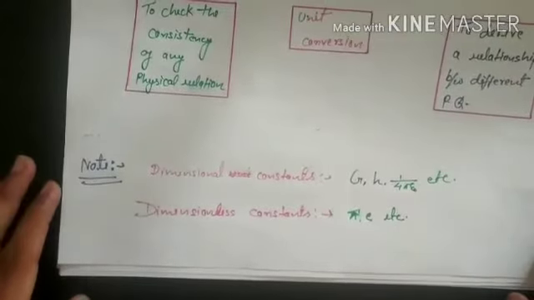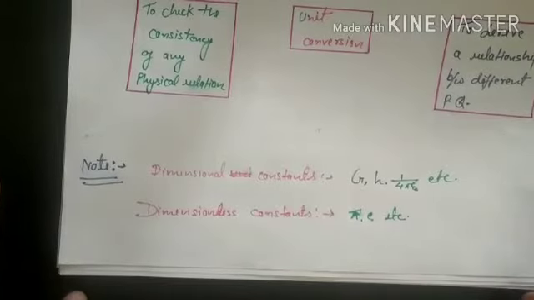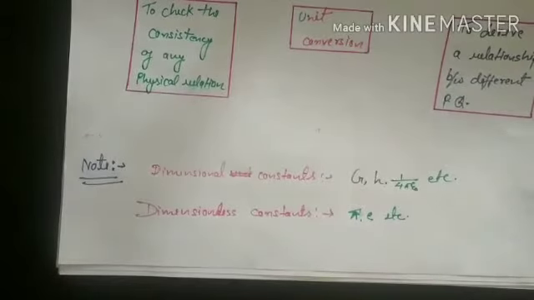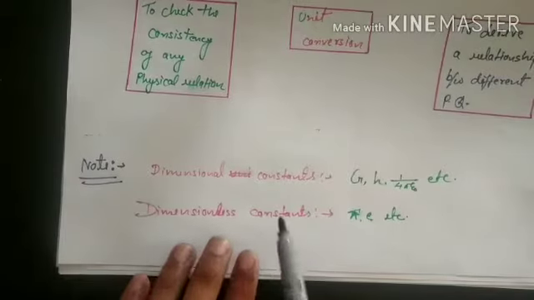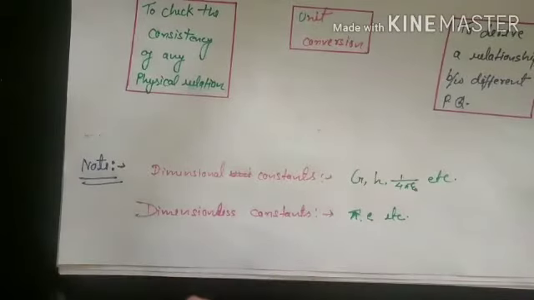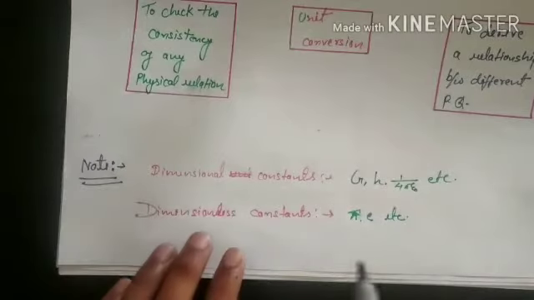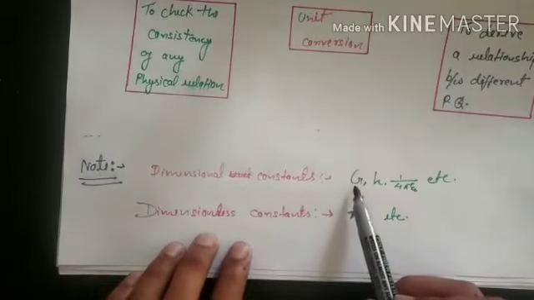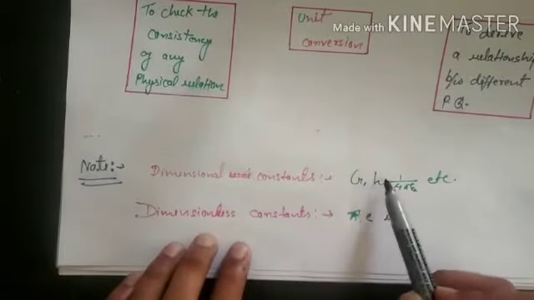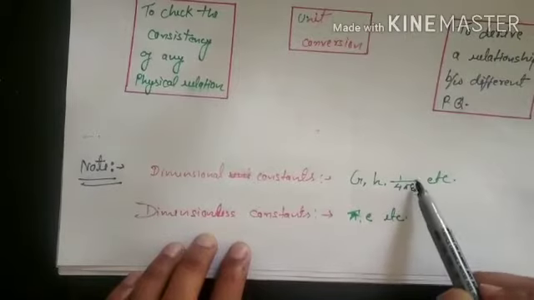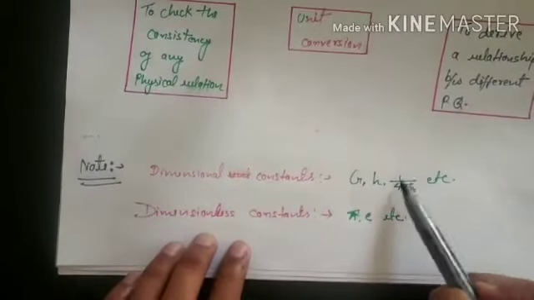We have studied that physical quantities have their dimensions, but there are several physical quantities which are dimensionless, including some constants. Generally constants don't have any dimension, but there are some constants which have dimensions, like capital G, the gravitational constant, Planck constant h, 1 upon 4 pi epsilon naught, which is the Coulomb constant.